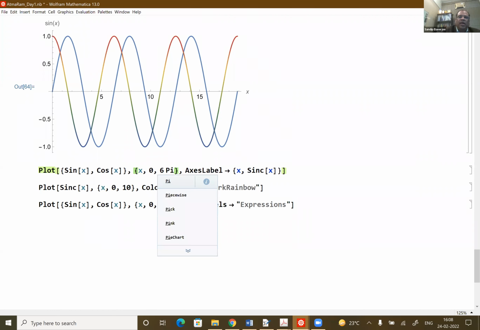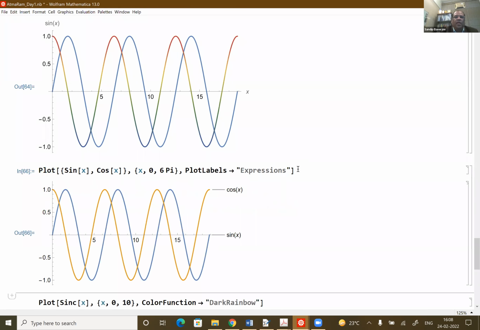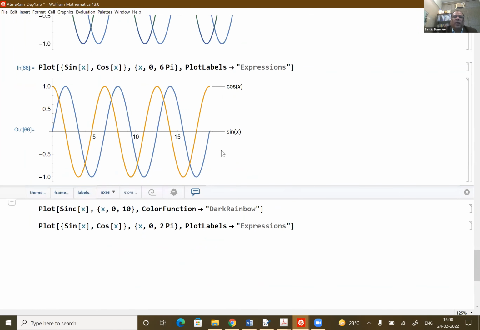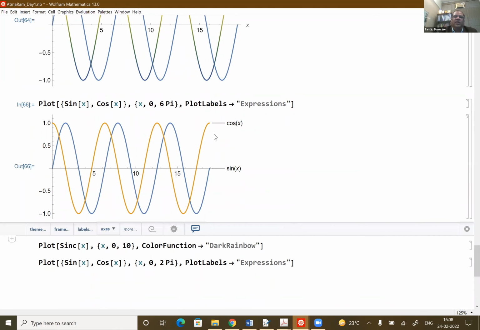I'm doing the same thing, and I'm writing plot labels expressions instead of axis label. Let's see what it gives. So this is what I meant by expressions: it gives this is my sine x and this is my cos x, and they give you in this same plot. Let's see, any questions?